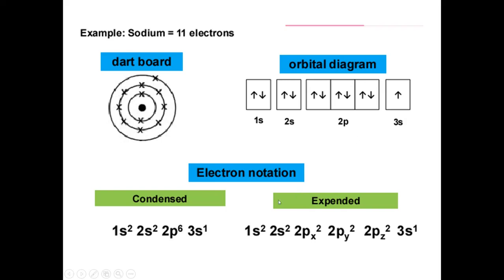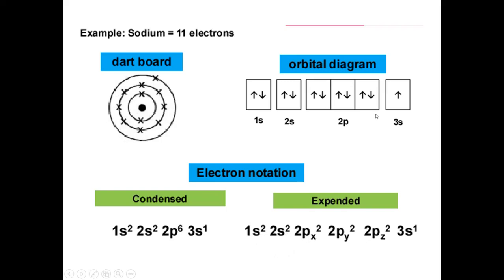Okey, kalau soalan minta untuk dalam bentuk electron notation, cara tulis dia ada 2 jenis, dalam bentuk condensed and expanded. So, dia akan jadi 1s2, 2s2, 2p6 sebab sini ada 2, 4, 6 kan. And then 3s1, yang ada 1. For expanded electron notation, you will write like this. 1s2, 2s2.